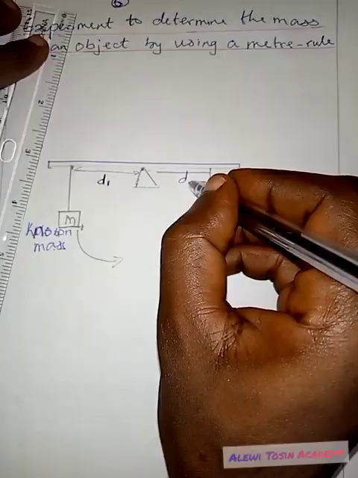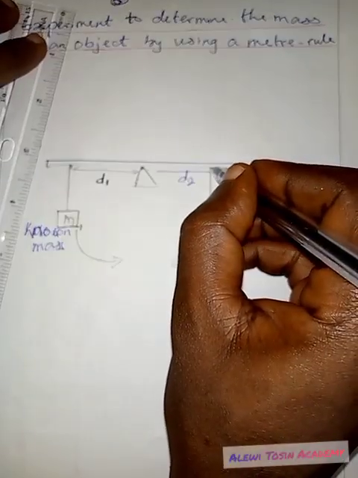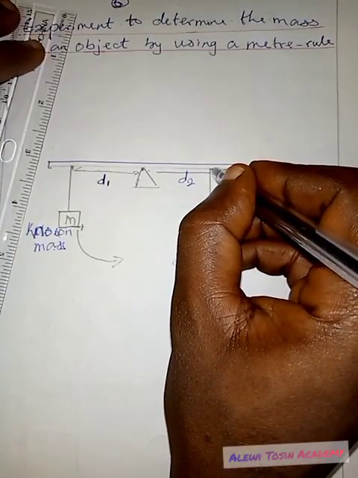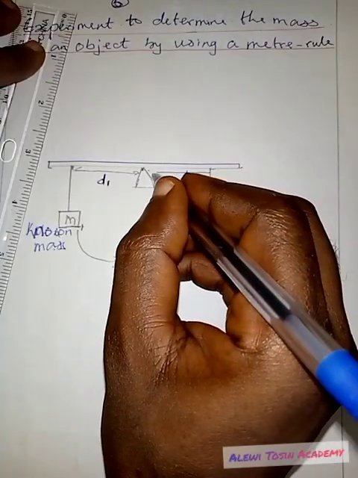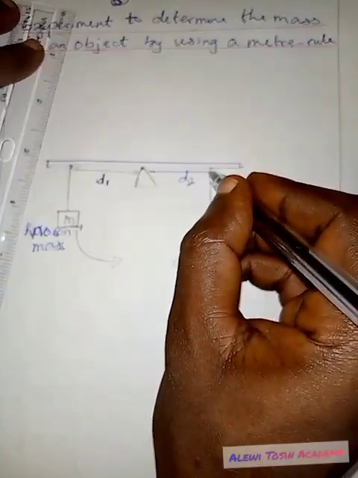Note, it is not the distance between this and this. That is the D in moment. It is the distance between the fulcrum and the mass. Let's take note of that.